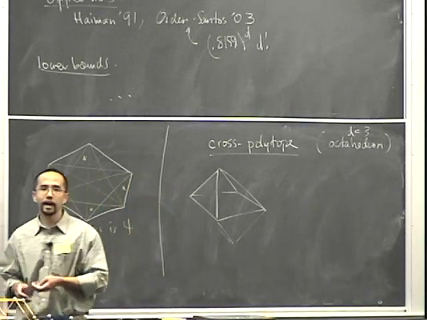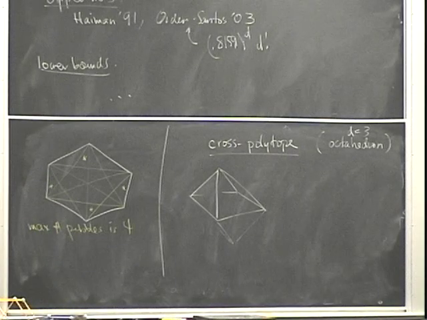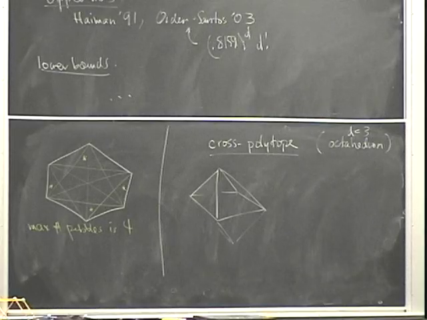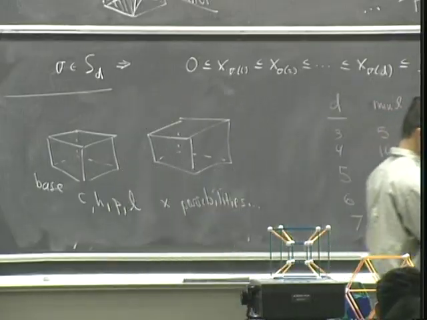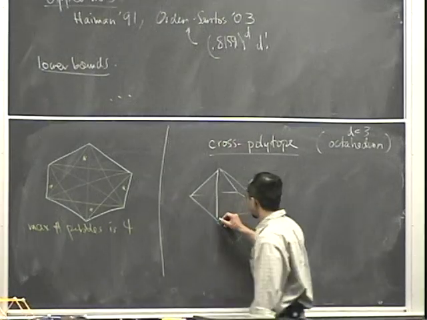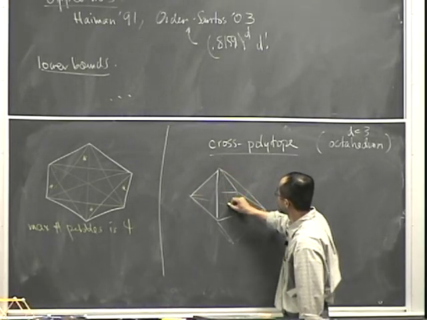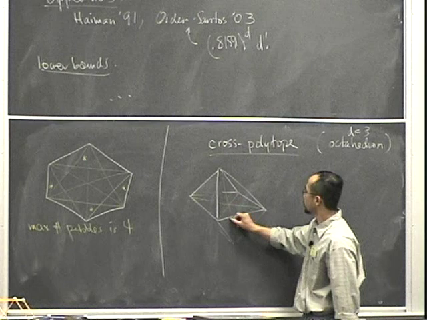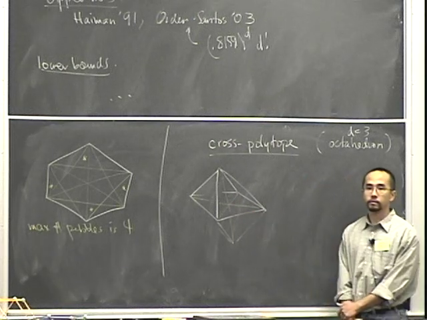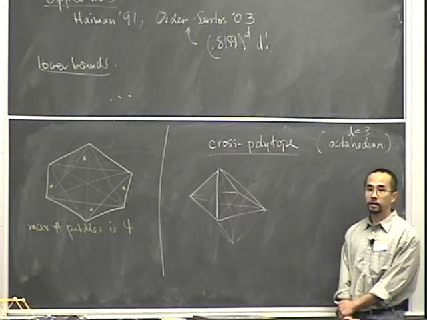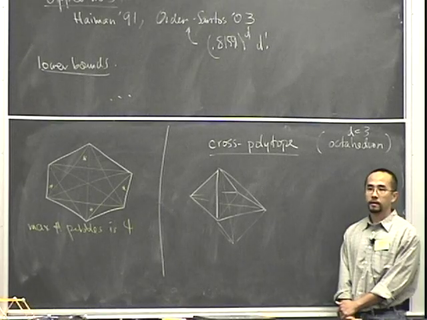What are the chambers of the octahedron? Let's see, intersect all possible simplices you can get. What are the chambers here? I claim all the dividing planes pass through, well, actually, they're just cut out by the coordinate planes. Okay, how many chambers are there? 8 of them.